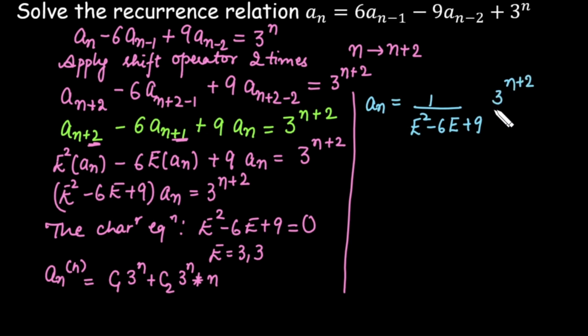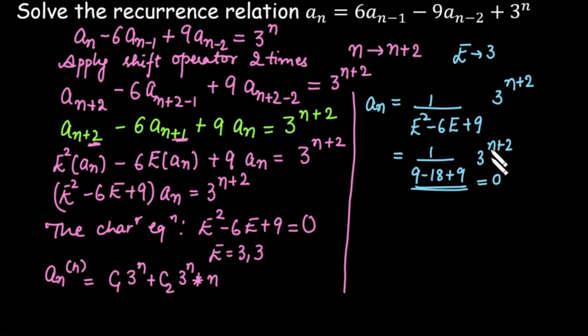Now identify, this is case 1 again, constant raised to power n. So in this case we replace E with 3. When you replace E with 3, we have 9 minus 18 plus 9, and this quantity is equal to 0. So basically now it is a case of failure.